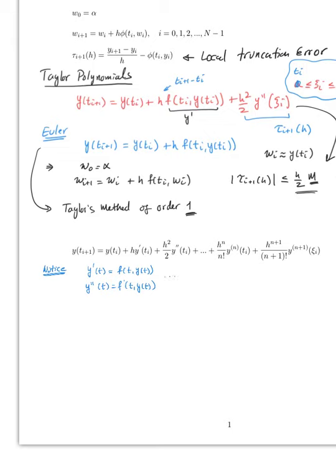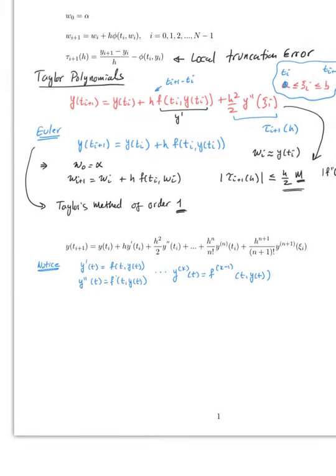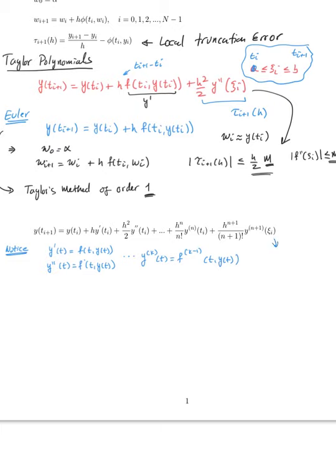And if we keep going, that means the k-th derivative is equal to this. Okay, and this is true if xi i is between ti plus 1 and ti.